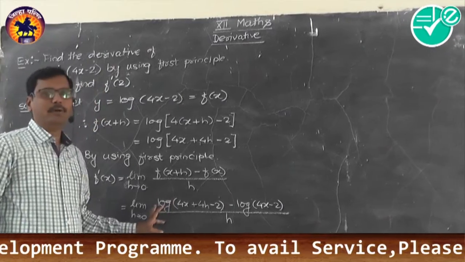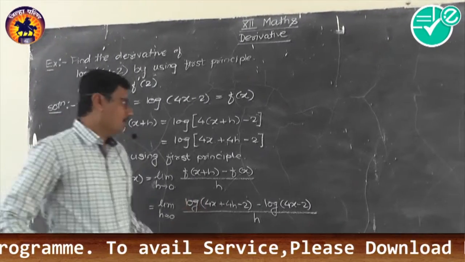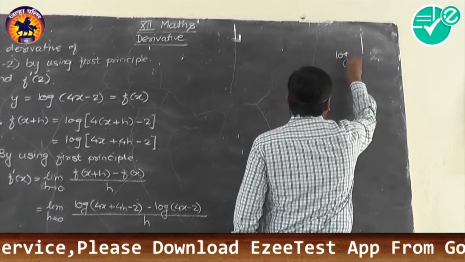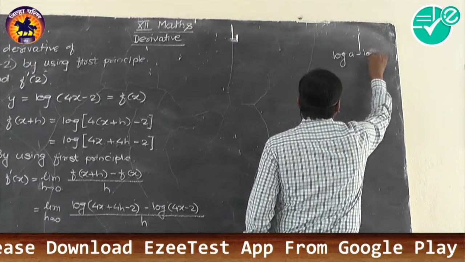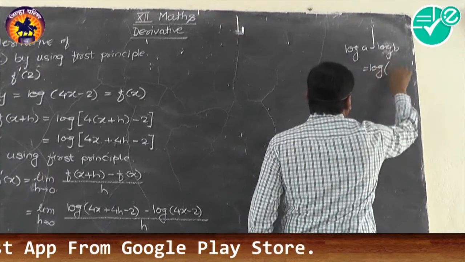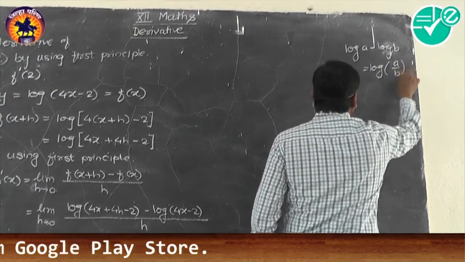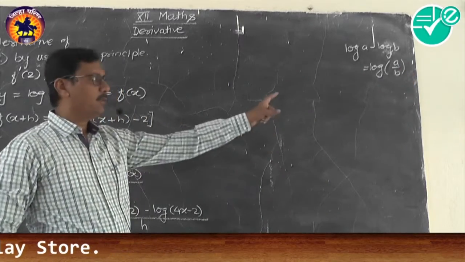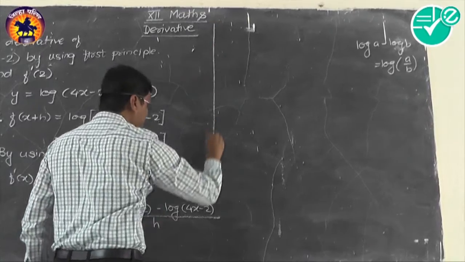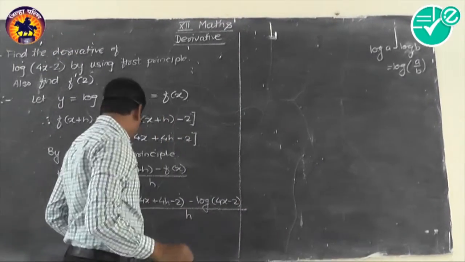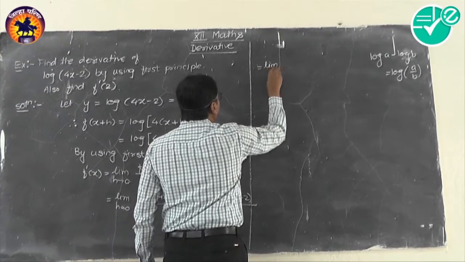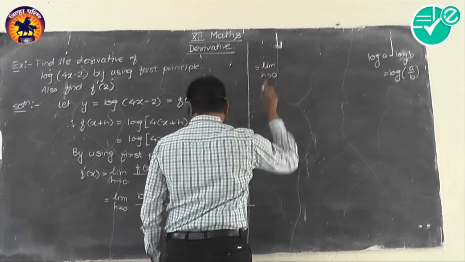Now by using the property of logarithm function, log of a minus log b is equal to log of a by b. So by using this property of logarithm, here the function will be limit h tends to 0.